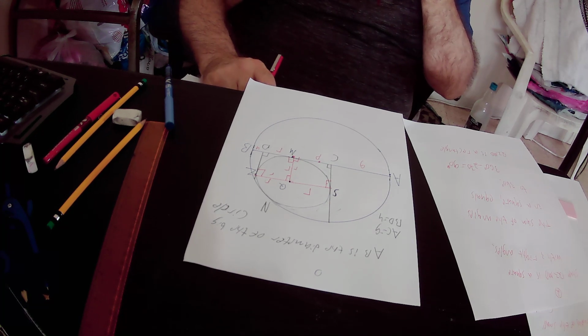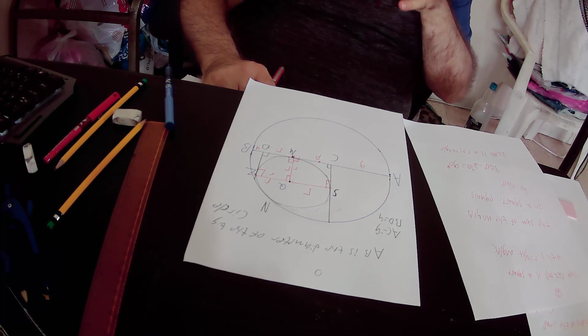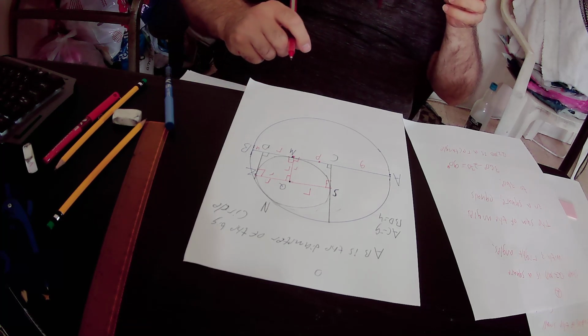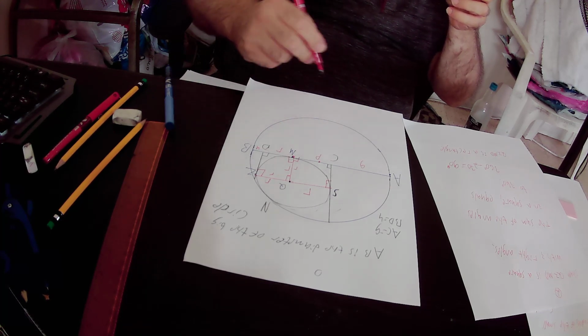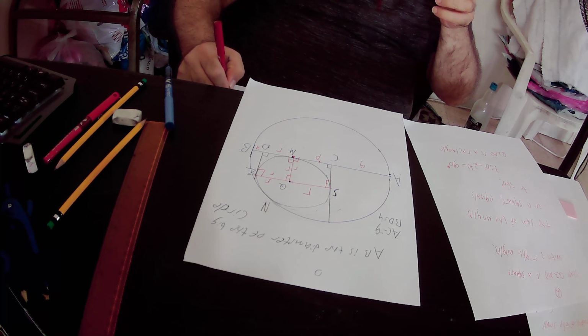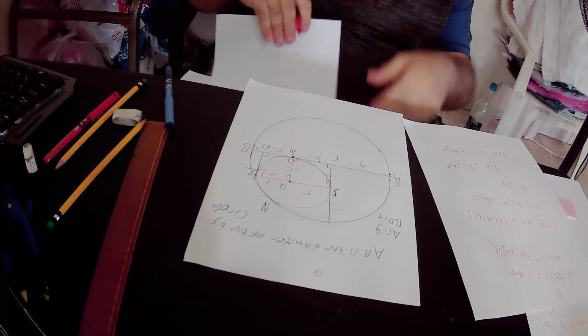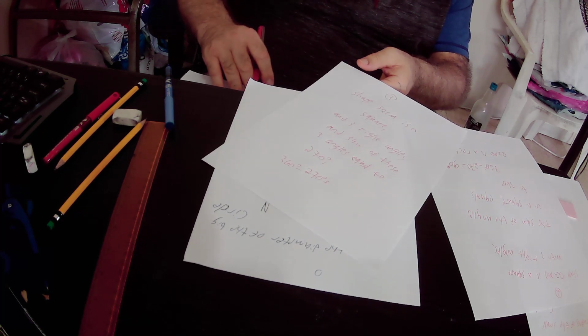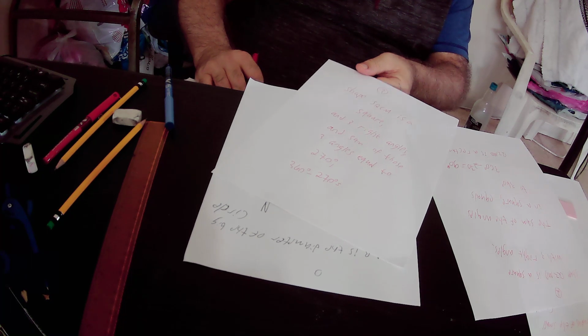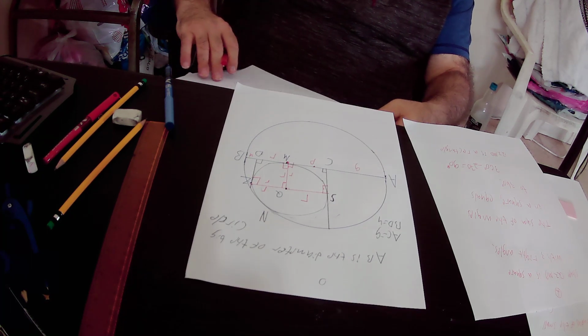Therefore, because the sum of the angles in any square equals 360 degrees, the fourth angle must be equal to 360 degrees minus 270 degrees. That is the value of the fourth angle, and 360 degrees minus 270 degrees equals 90 degrees.